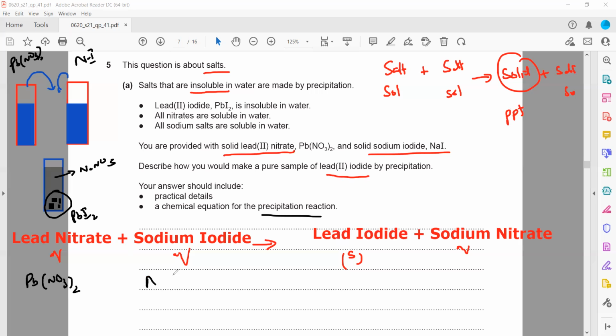Sodium is group 1 and iodine is group 7, so sodium iodide is NaI. When they combine with each other, it will form lead iodide, PbI2, plus sodium nitrate, NaNO3. The equation must be balanced, so if I put 2 here and 2 here, the equation is balanced. This one is aqueous, solid, and aqueous. You have to write in your own words how you carry out this and prepare an insoluble salt by mixing two salt solutions.